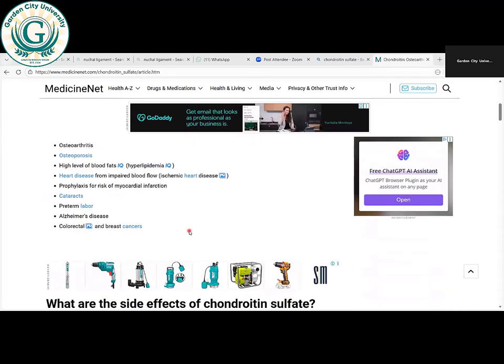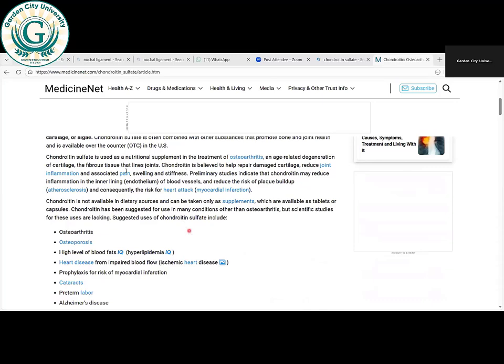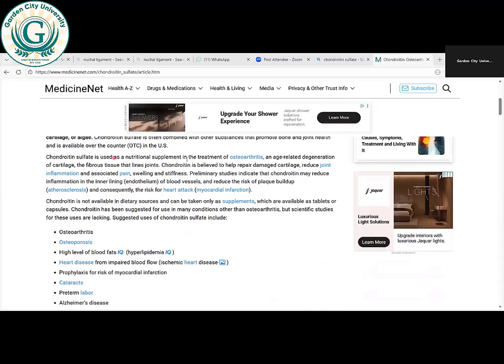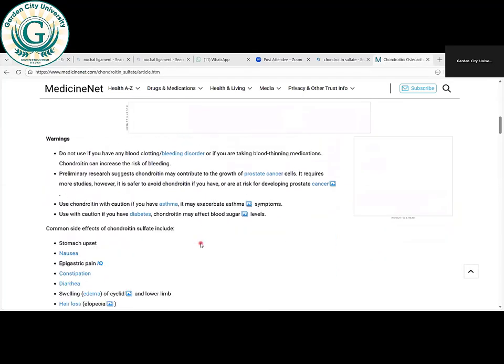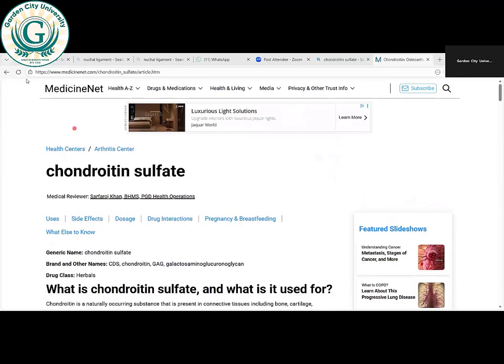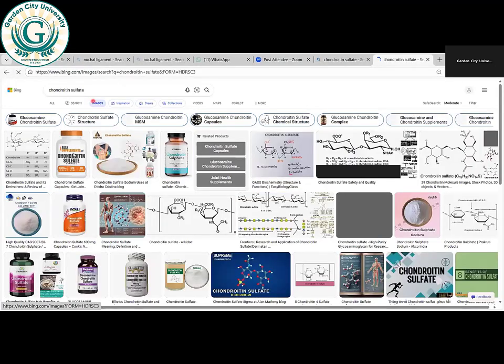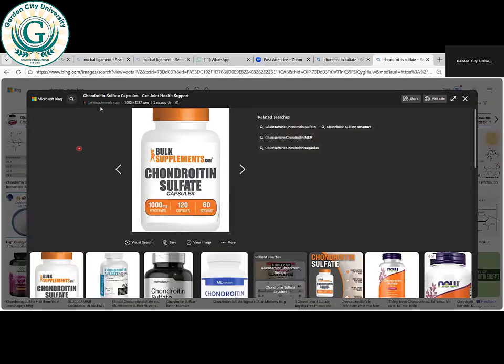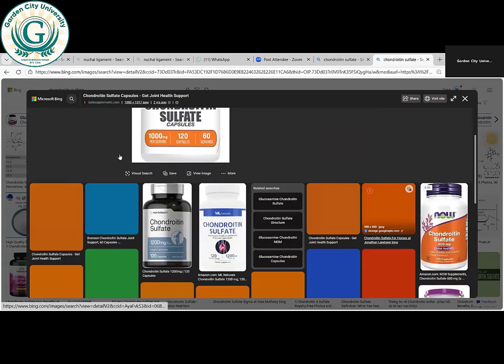You know that they sell these as supplements, used in the treatment of osteoarthritis. Definitely, it's going to be a bit expensive.